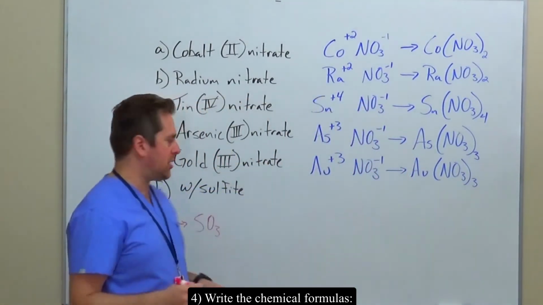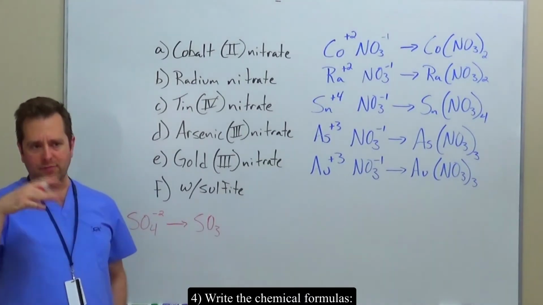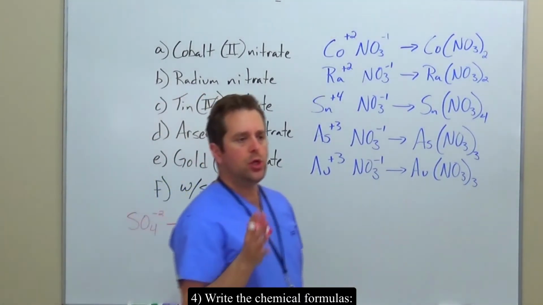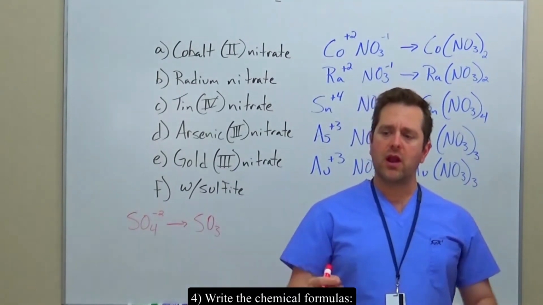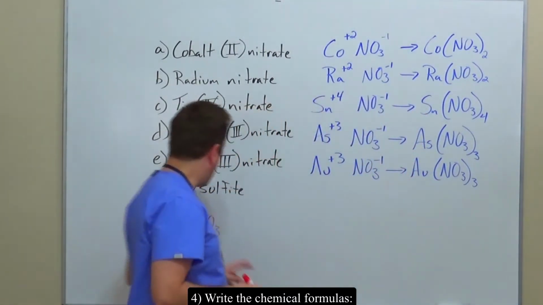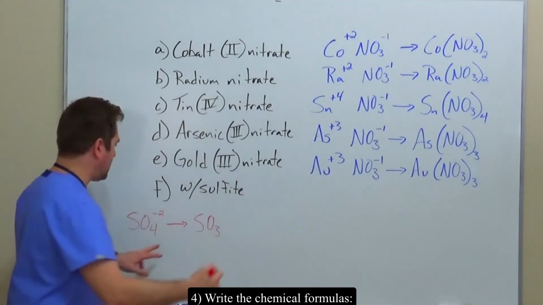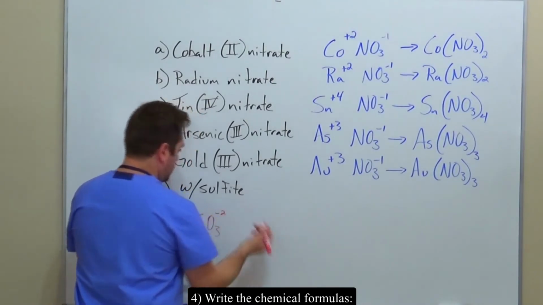What is the oxidation number on the sulfite? Recall that you're not going to have to recalculate the oxidation number. You will always retain the charge of whatever the ATE form is of that polyatomic ion. So if sulfate is -2, that means that sulfite is going to have an overall -2 charge.